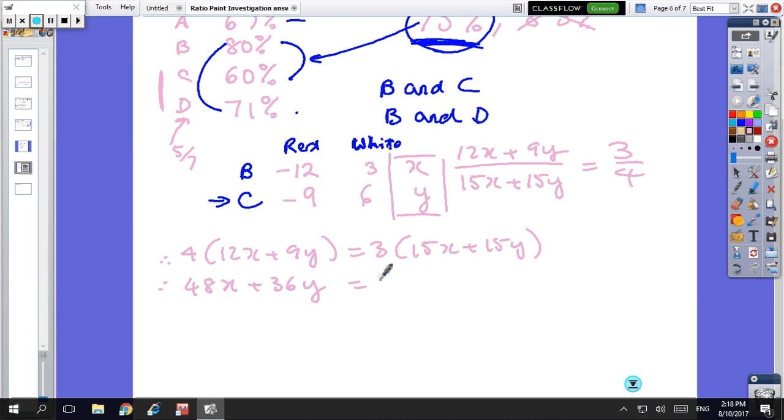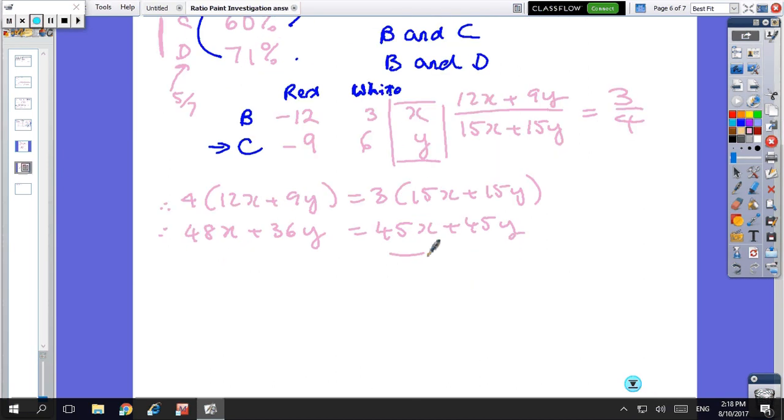48x plus 36y equals 45x plus 45y, and then bring the x's that way and the y's that way. So 48 minus 45 is 3. 45 minus 36 is 9, and then divide through by 3.